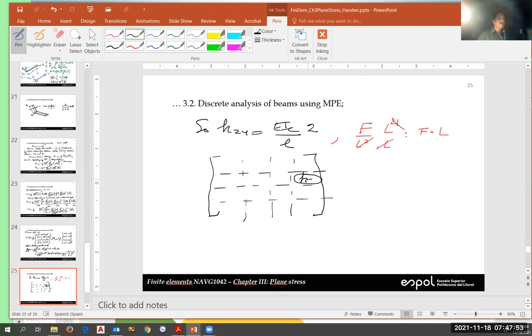This is K24, and it's multiplied by phi 2z, and the result has to give you M1z. You multiply radians times force length, and the result is moment. At least the units are correct.